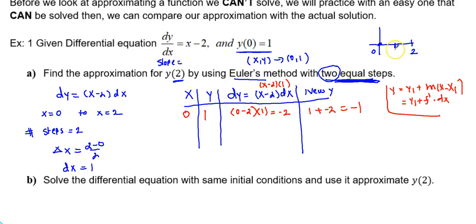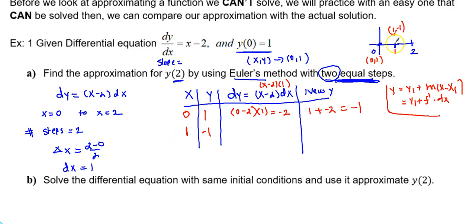So I came up to here. What's my new step? I started here at 0 and 1. Now x is 1, because my step size is 1, so this is my dx, and I go to the next step. My coordinates are 1 and negative 1.